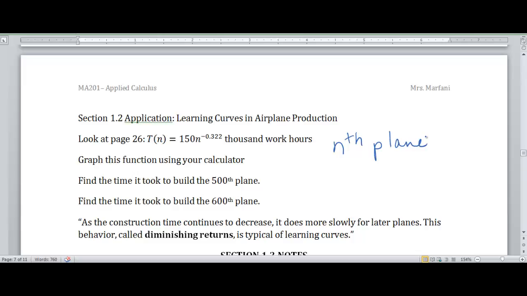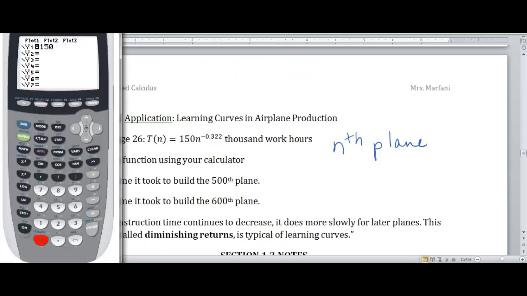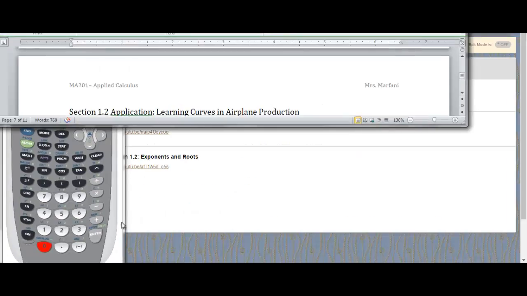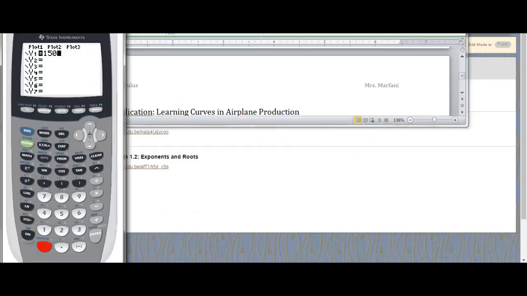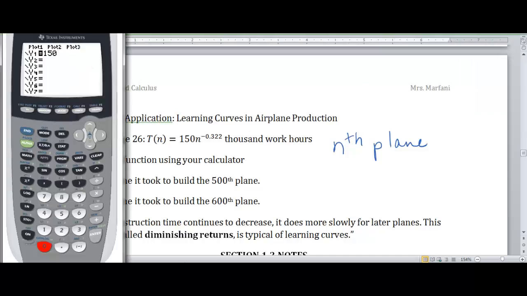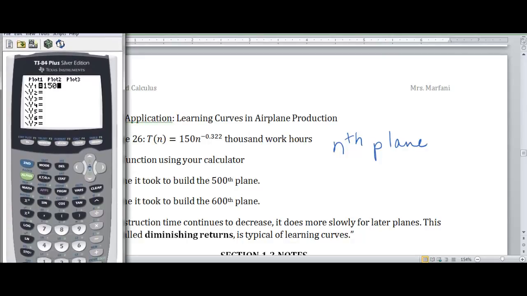So it says graph this function using your calculator. So let me pull up my calculator here. Let me just adjust this a little bit. Make sure everything is fitting into the screen. Alright.